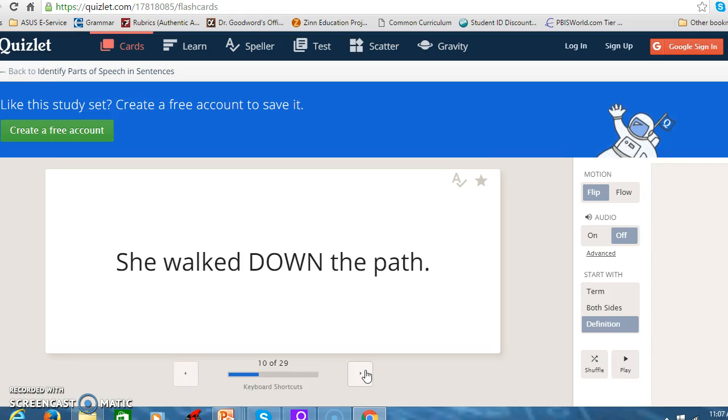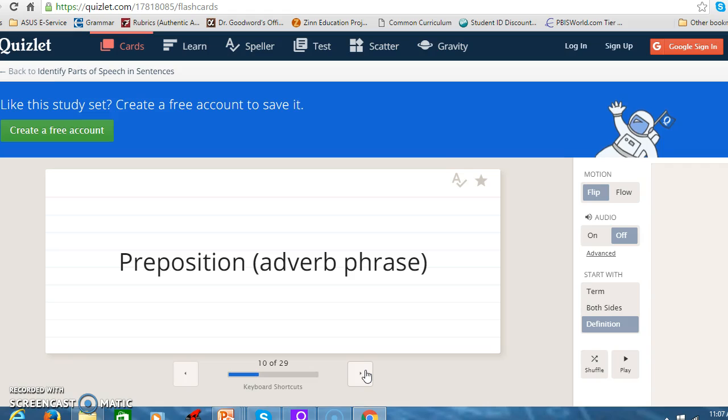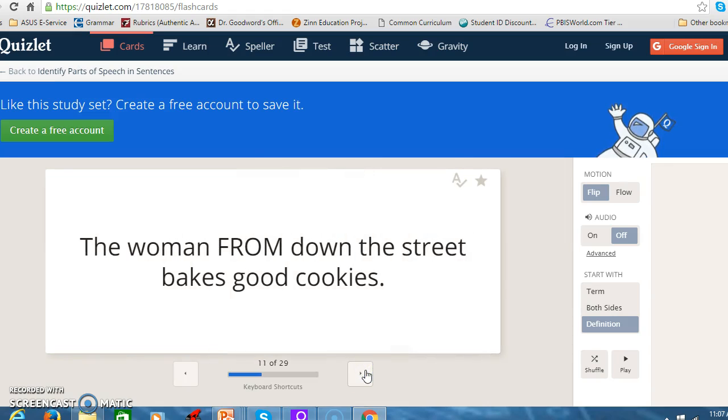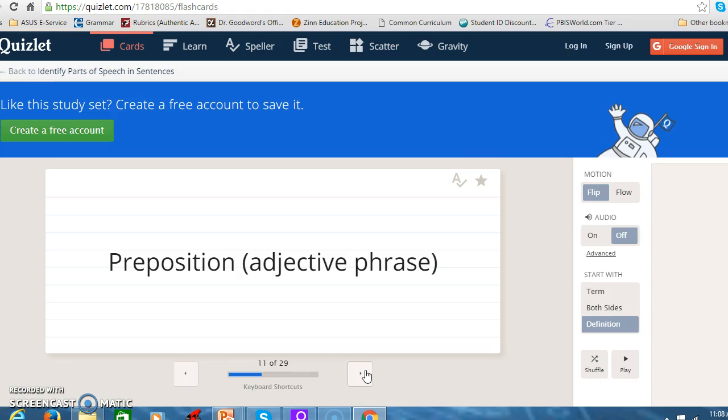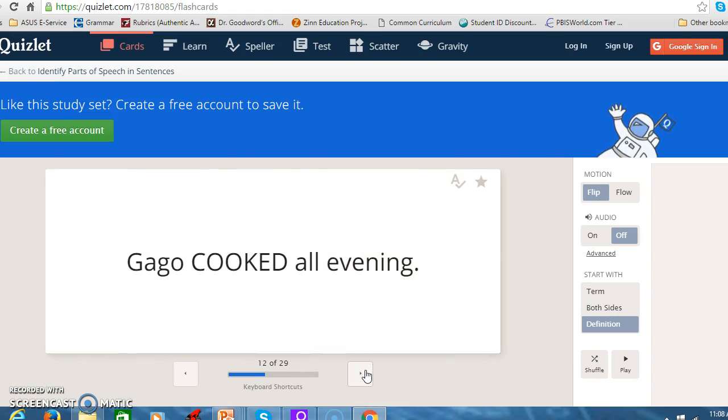In which direction did she walk? Well, I know a bunny can hop down a path. From. Again, preposition. Is there an action taking place here?